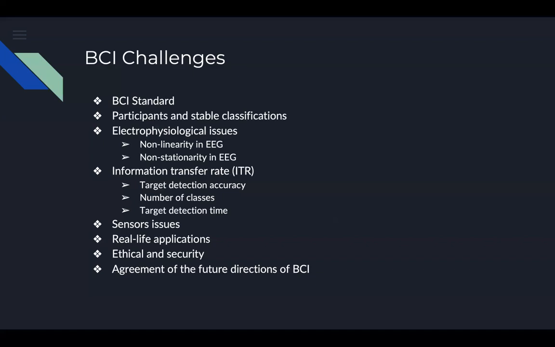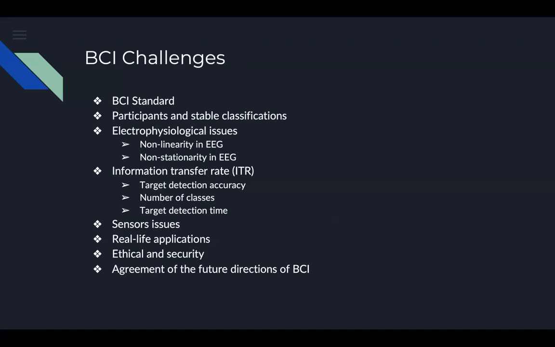And the second one is non-stationary EEG. When your brain generates internal signals, they also interfere with your results, and you cannot get the exact information you are looking for.